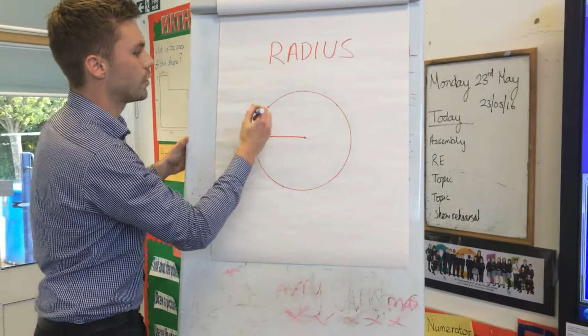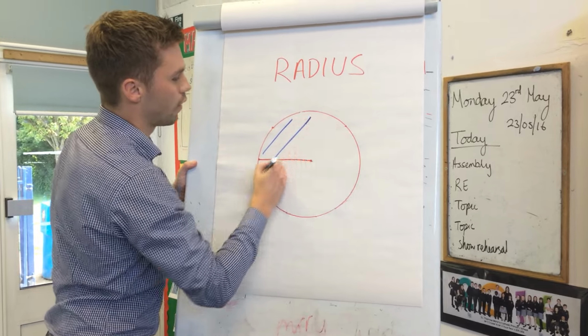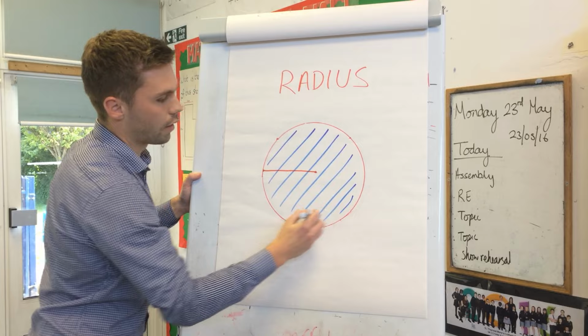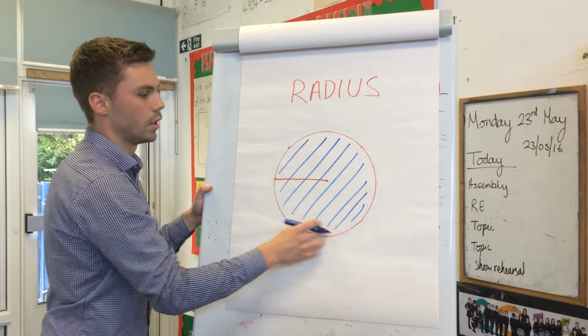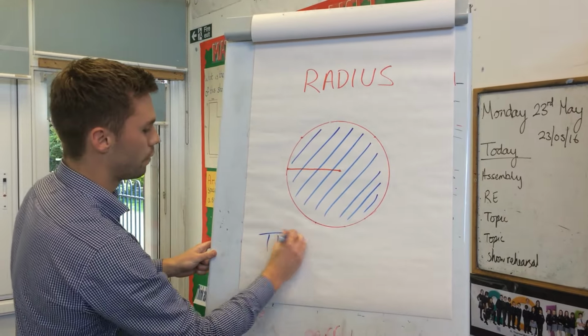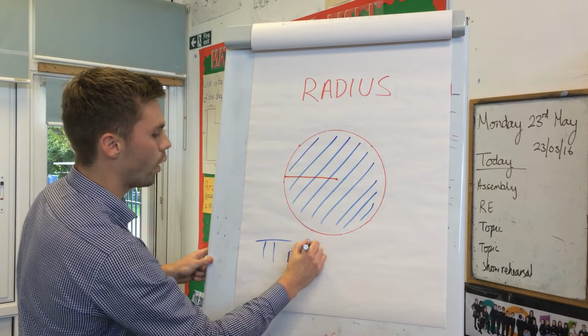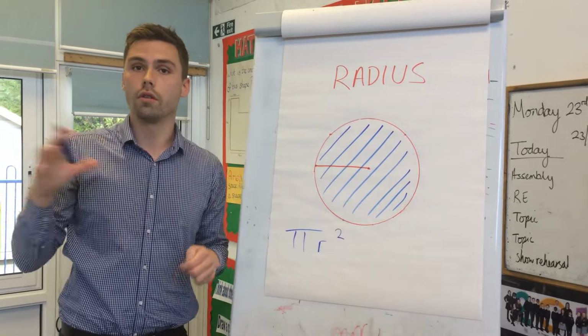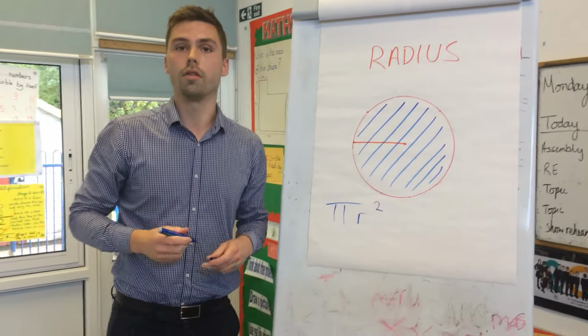So area, as we already know, is all of the space in my circle. So we know that if we do pi times the radius squared, that's going to give us the area of our circle. We're not all going to do that tomorrow, but some of you will get onto that.